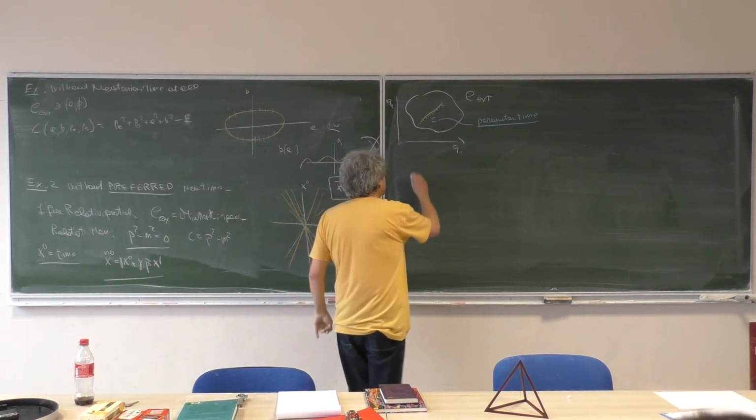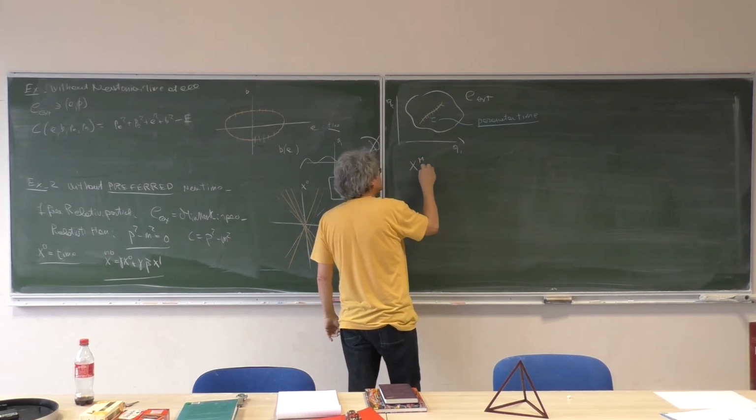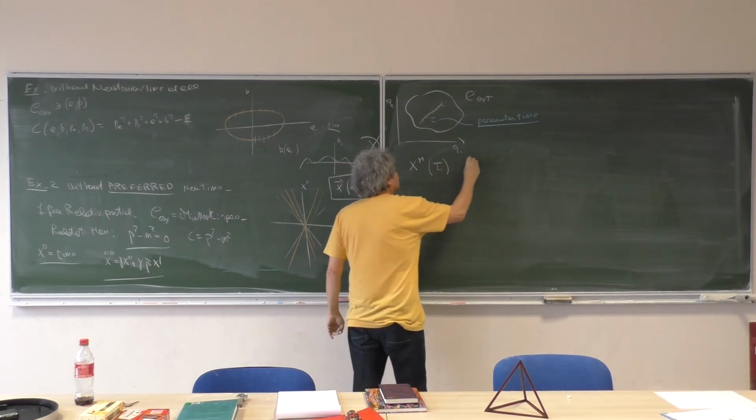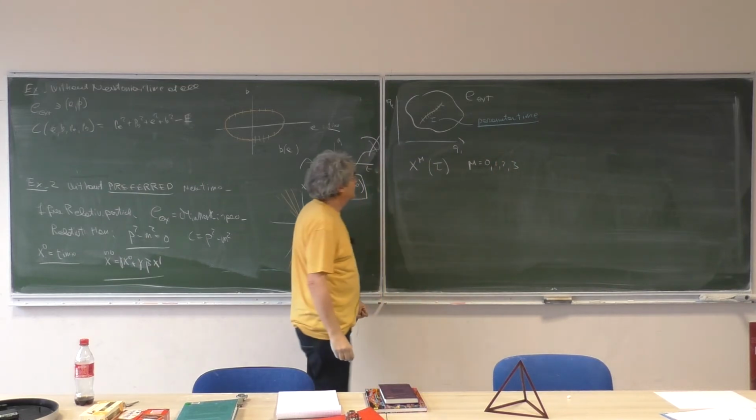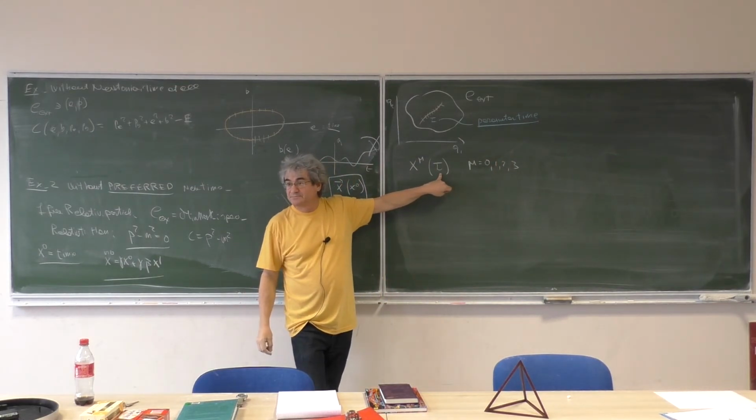A convenient way of describing the motion of the particle is all four variables x mu as a function of time tau, where mu is 0, 1, 2, 3. And this is an arbitrary parameter.